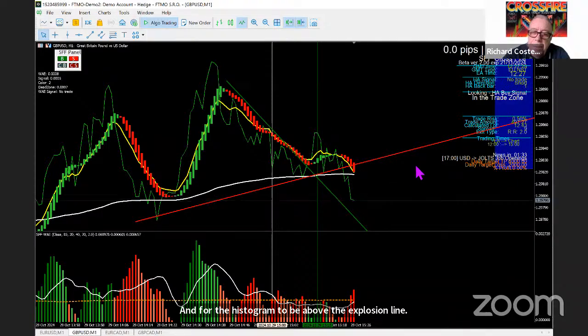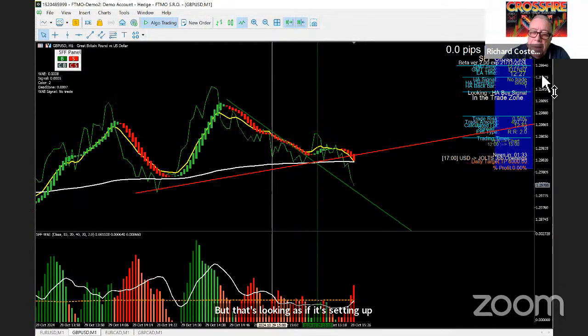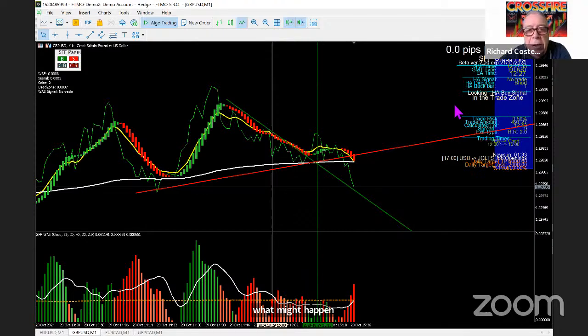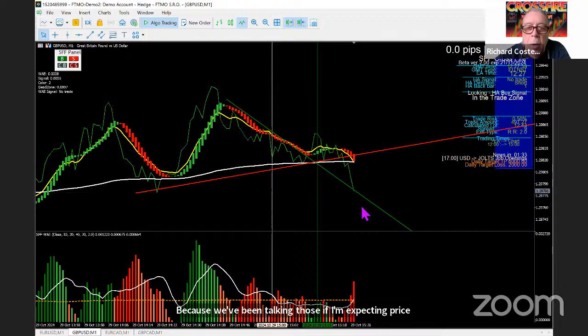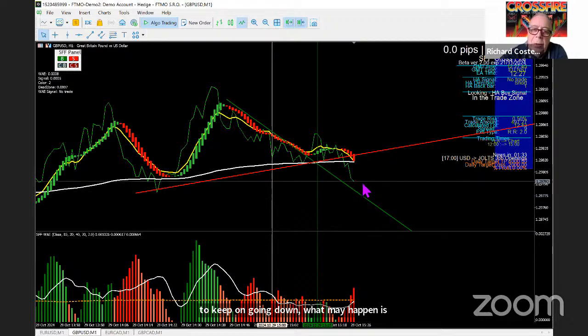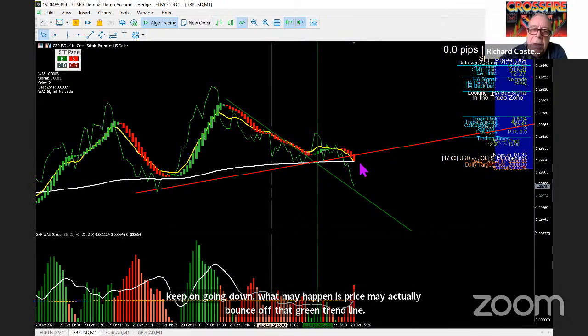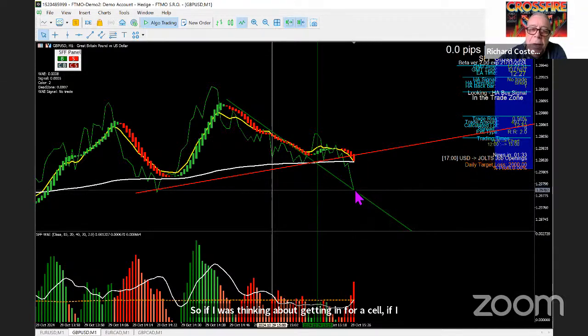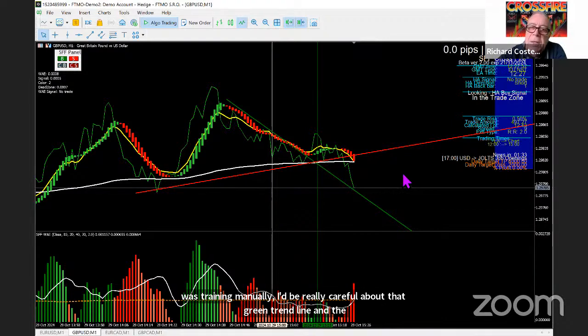What might happen, because I've just been talking there as if I'm expecting price to keep on going down, is that price may actually bounce off that green trend line. So if I was thinking about getting in for a sell, if I was trading manually, I'd be really careful about that green trend line. And the trading assistant should take that into account.